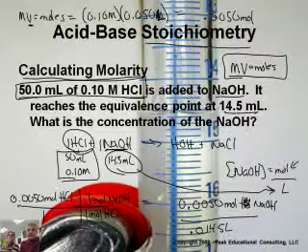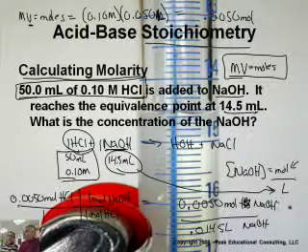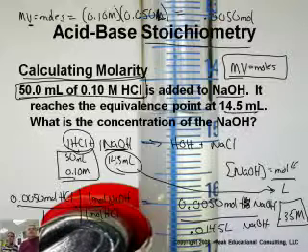I just divide them out and I get 0.345, 0.35 molar, I think, actually. 2 sig figs. So that's how you do it. It's really actually 0.34. But close enough.